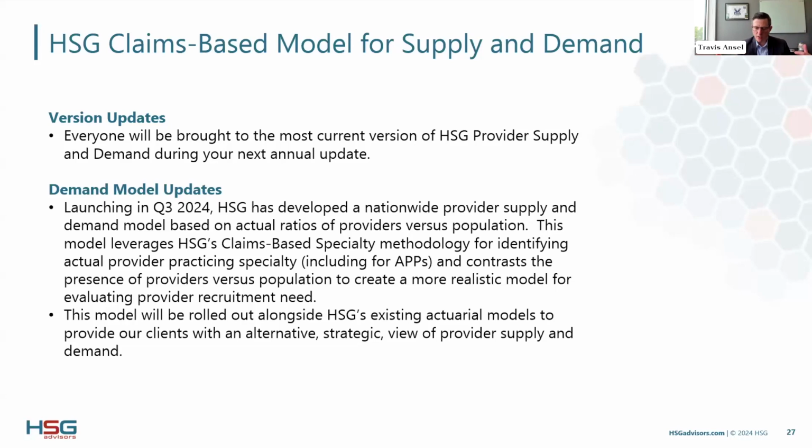As I mentioned earlier, physicians change specialty, physicians aren't labeled correctly. APPs are frequently not listed with their practicing specialty. And so we've been working over the past year basically for every provider in the country to assign them a claims-based specialty based upon what they're actually billing, rolling up into an assumption about what they're actually practicing.